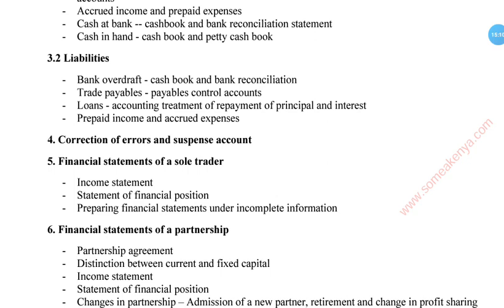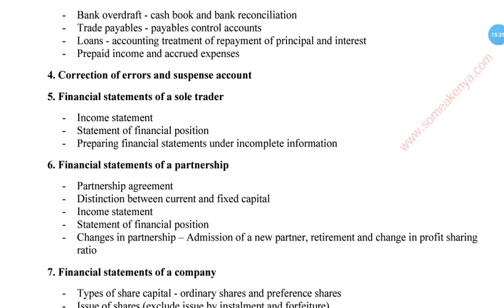So distinction between current and fixed capital. Here we shall be required to prepare the current account and the capital account. We shall prepare the income statement of partnership, the statement of financial position, and the statement of changes in the partnership.